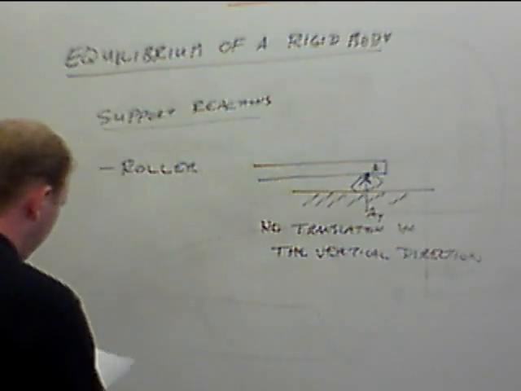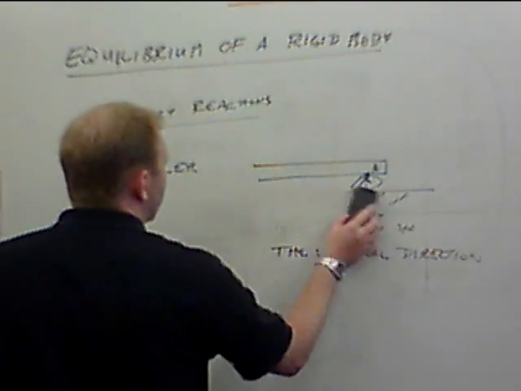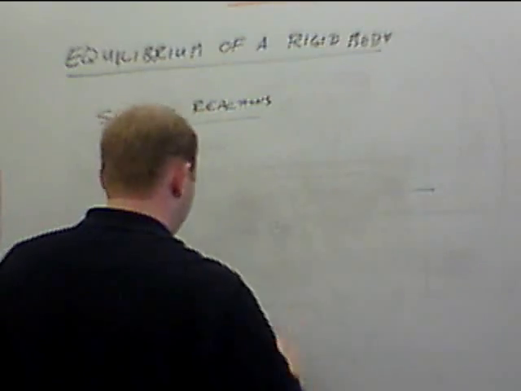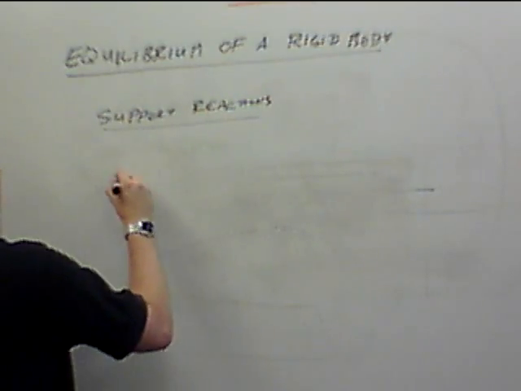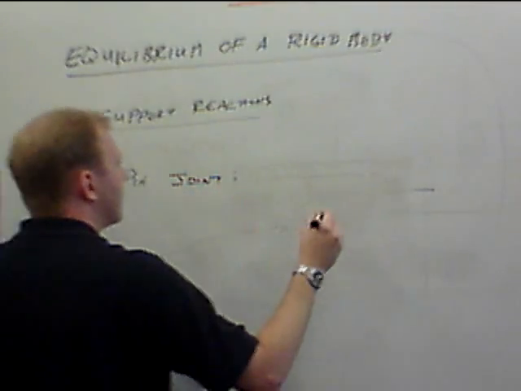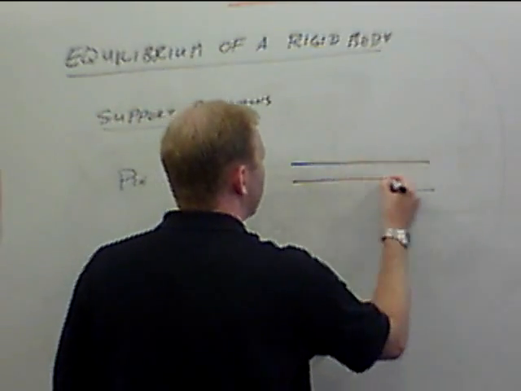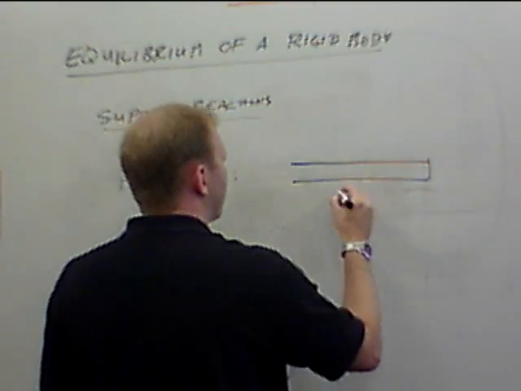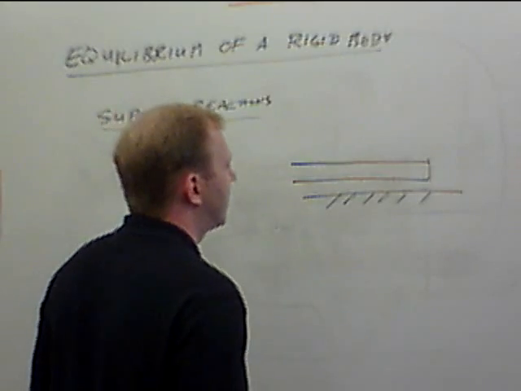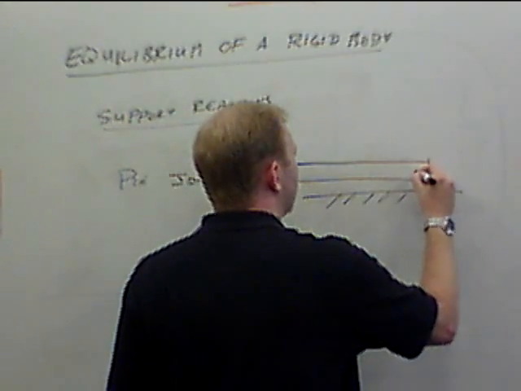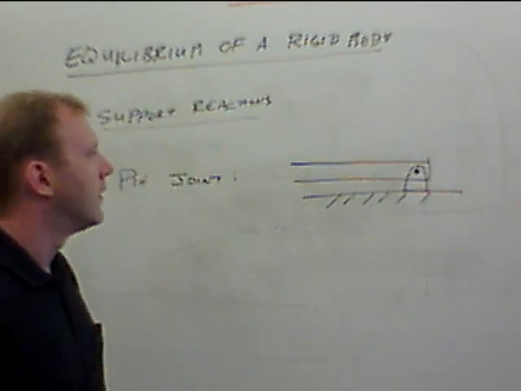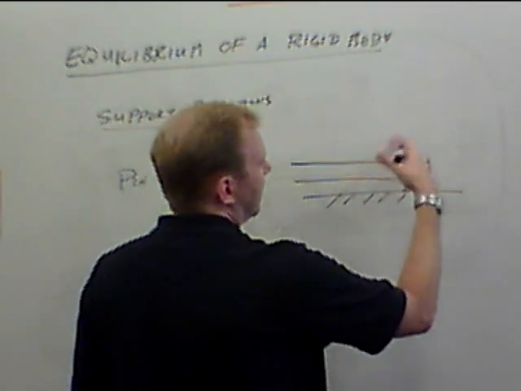And the next simplest one is a pin joint. Same idea. We have a beam. We have the ground. Only this time, instead of a roller, we put a pin through our beam and mount it onto the ground. Think of it as a hinge sort of thing.